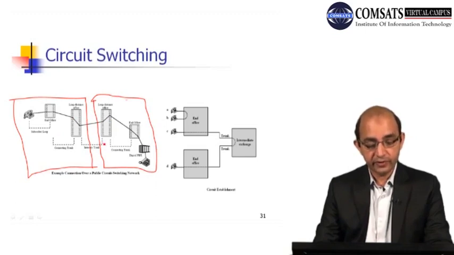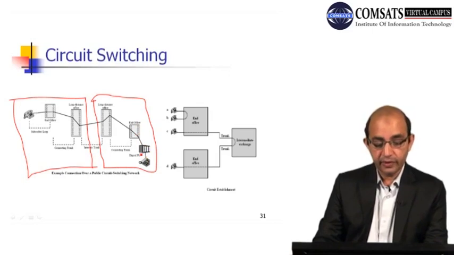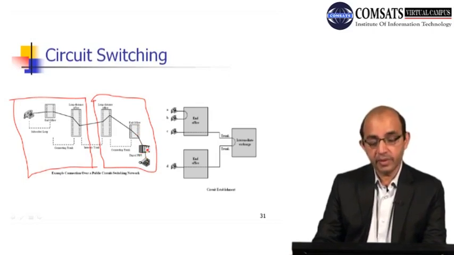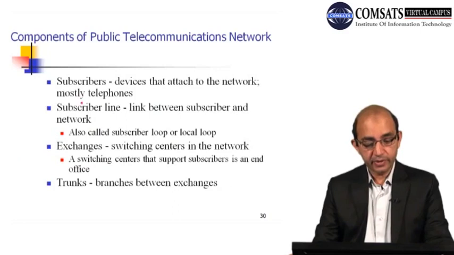Here we have the other central exchange, and then this is the local exchange for this subscriber, and then we have the digital PBX, or maybe a digitized phone. In that way we have a dedicated link from one leg to the other leg of the call, and we have the subscriber line, exchanges and trunks.